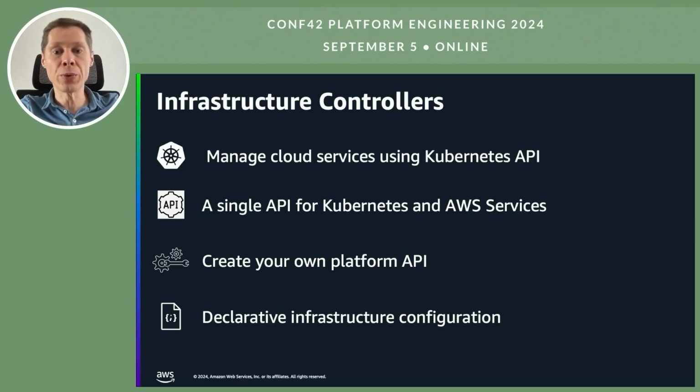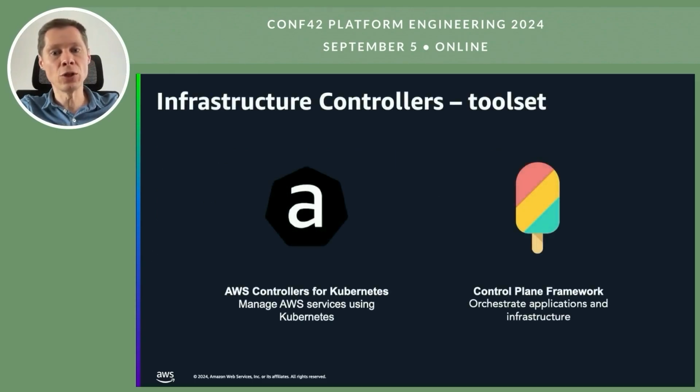It allows you to create your own platform API on top of Kubernetes and have a declarative infrastructure configuration, which would help you leverage the Kubernetes ecosystem to provision external resources as well as internal resources in the cluster. Two of the main tools available now are AWS Controller for Kubernetes, in short ACK, and Crossplane.